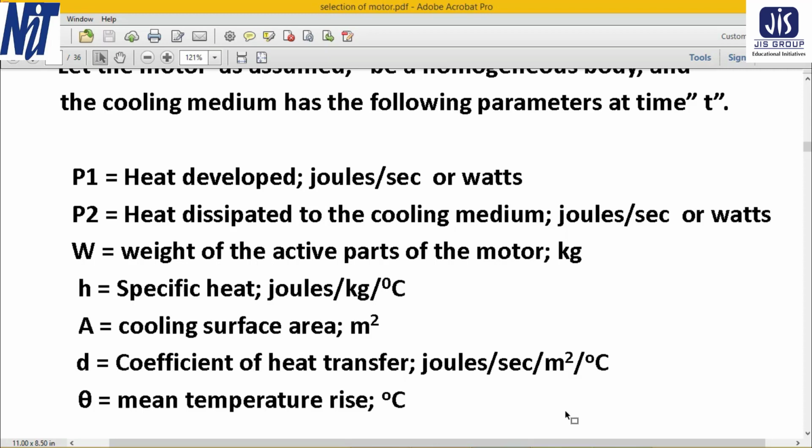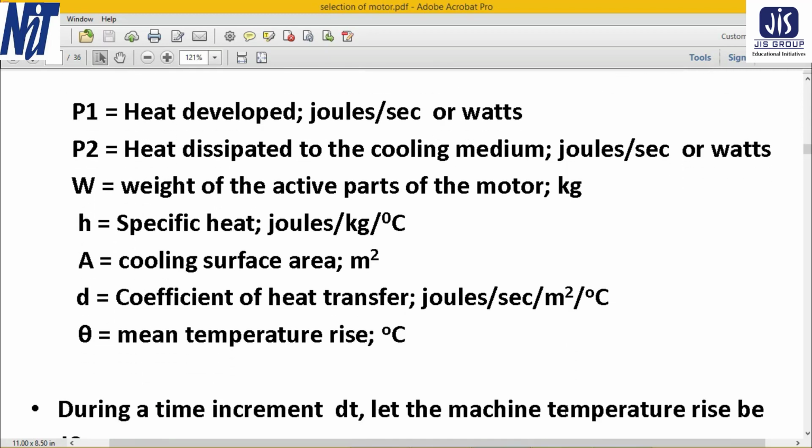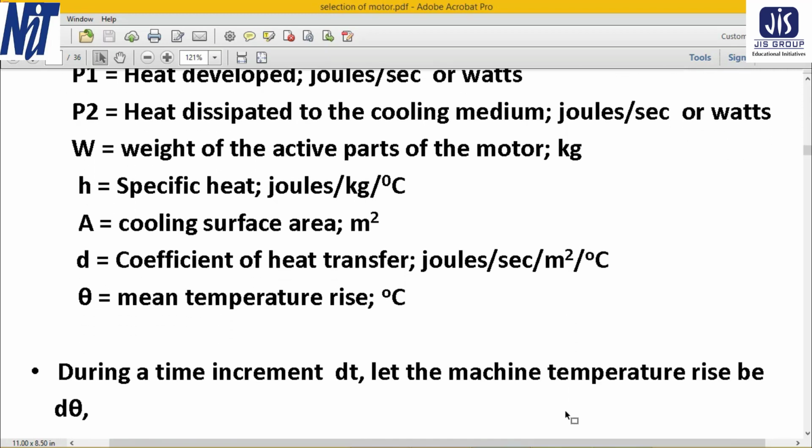So we know all these things: specific heat, coefficient of heat transfer. Now if during a time increment, time has incremented from T1 to T2, so T2 minus T1 is my dt, and temperature increases from theta 1 to theta 2, so theta 2 minus theta 1 is my d theta.